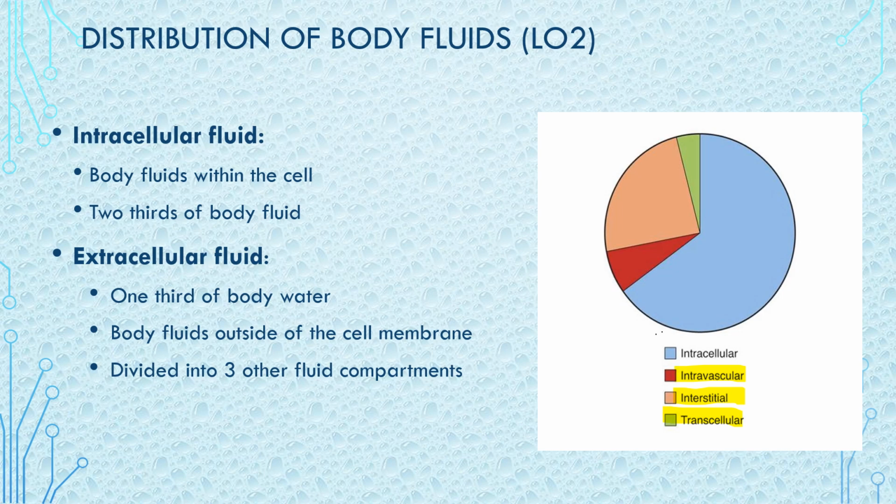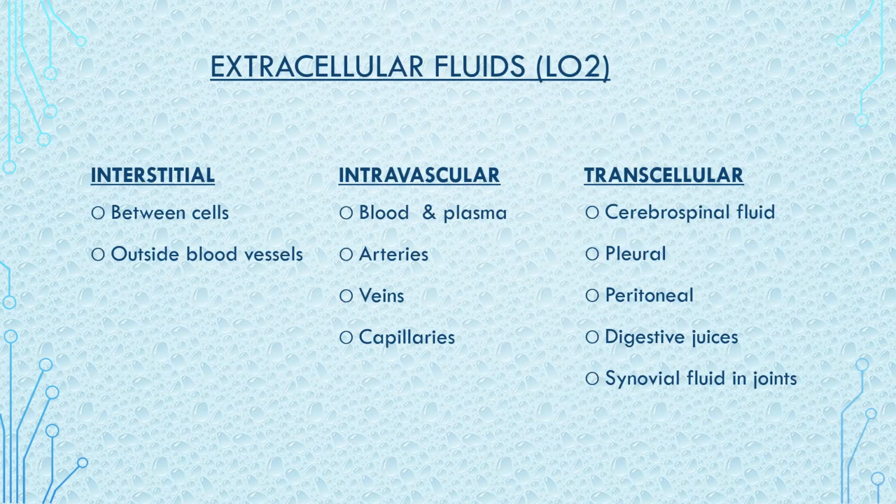Here you can see on the right the pie chart, which shows about three parts of the extracellular fluid: the intravascular, interstitial, and transcellular. These are the important compartments in the extracellular fluid. The interstitial is between the cells and outside our blood vessels.